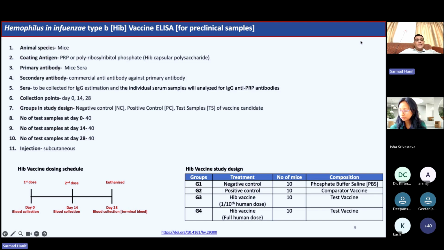Sera is very important to you. Why? Because this has to be collected for the IgG estimation.